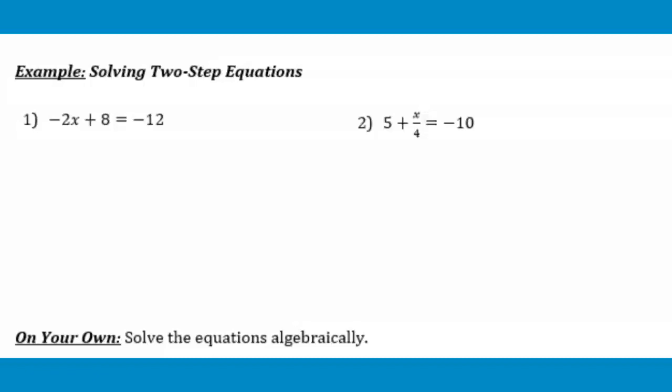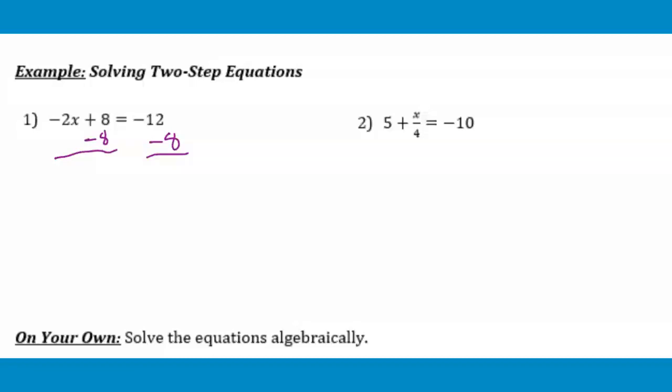So we want to undo adding and subtracting first because we're going backwards through the order of operations. So over here where x is, I have to undo adding 8. So I'm going to subtract 8. I only undo one thing at a time. Show that you're doing it to both sides because we're solving these algebraically.